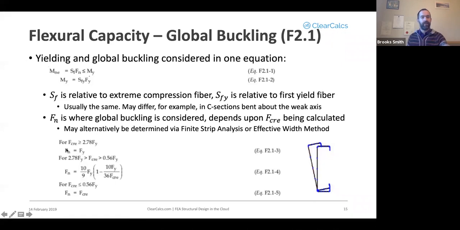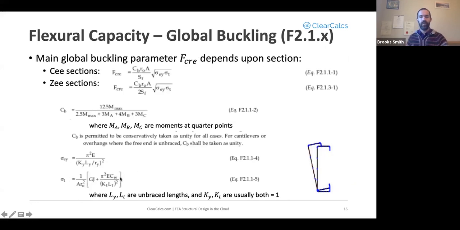And for that, you're going to end up with that FN value equal to either the yield stress, your critical buckling stress, or something in between, depending upon how likely global buckling is essentially going to be. So what's FCRE? That's your main global buckling parameter.